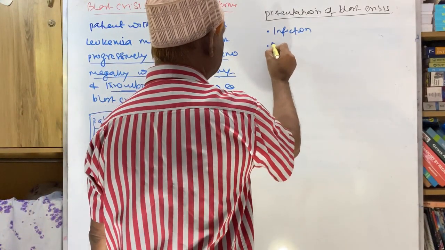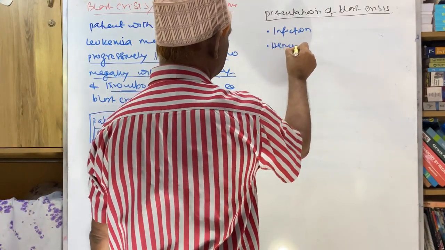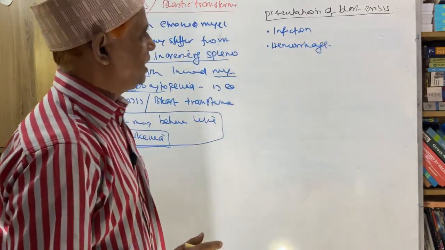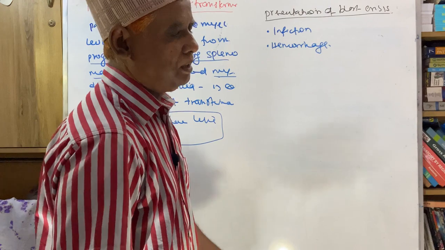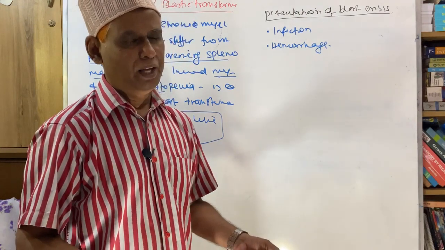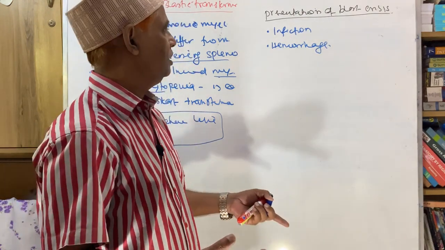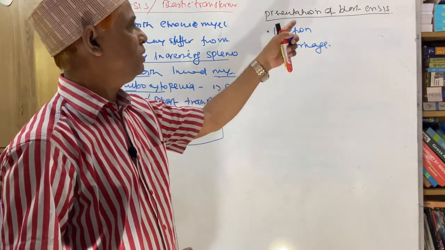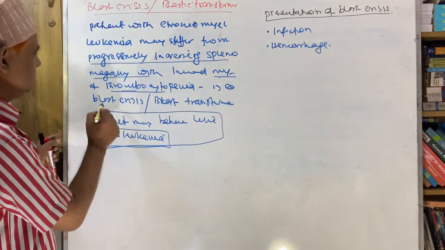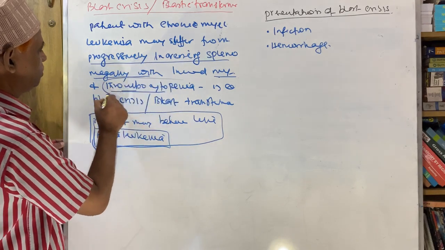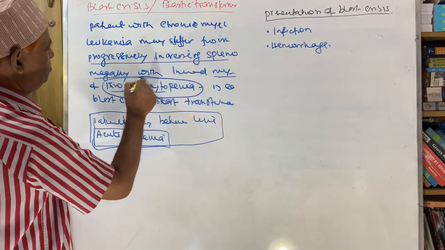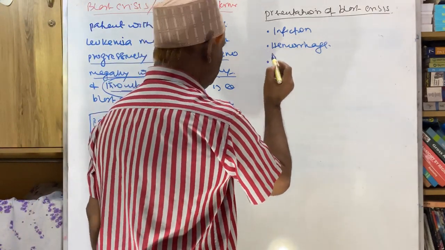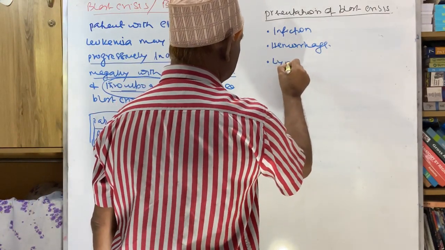Then hemorrhage, like nasal bleeding, gum bleeding, rectal bleeding, etc., and internal hemorrhage also. This hemorrhagic disorder in blast crisis is due to thrombocytopenia; due to thrombocytopenia, there are bleeding manifestations. And the patient may develop lymphadenopathy.